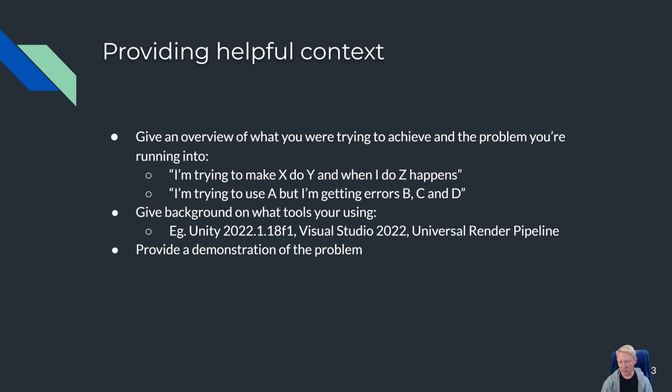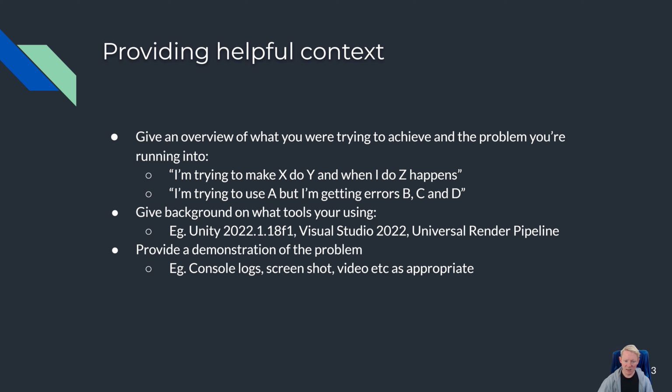Give a demonstration of the problem. Giving a demonstration means things like console logs. We've got the console in Unity. You could also provide screenshots or video. Screenshots and video are most useful where the problem is best conveyed visually.